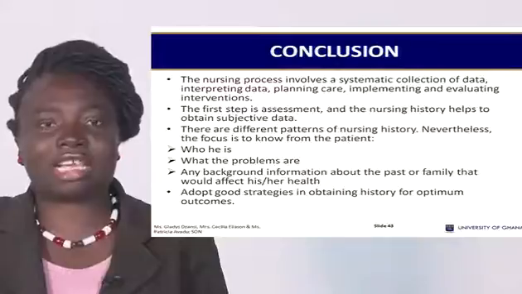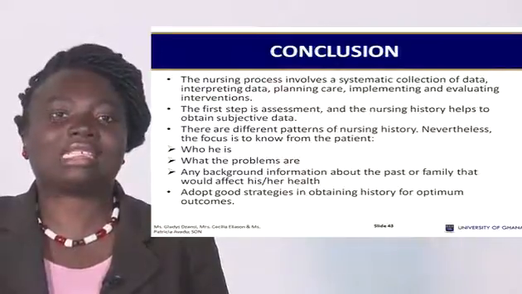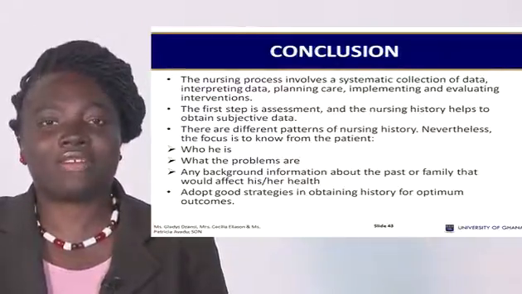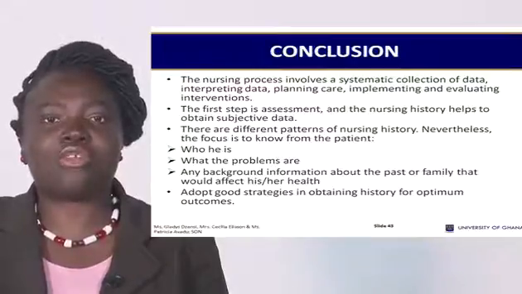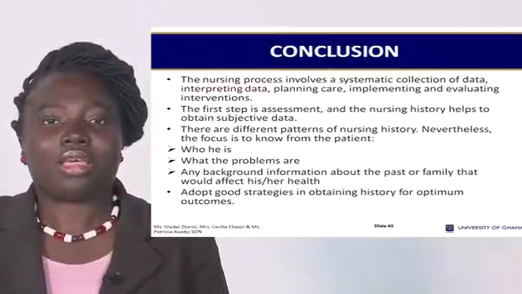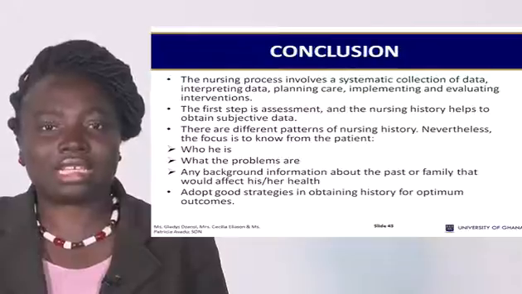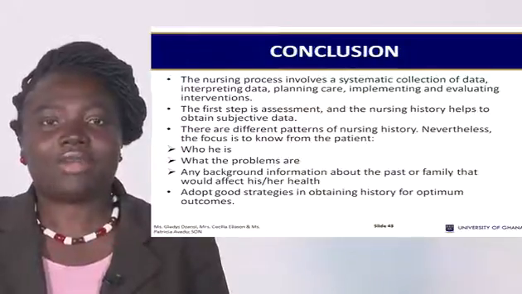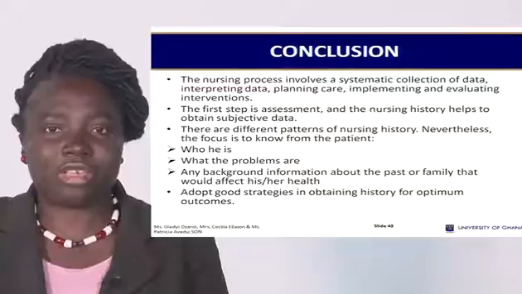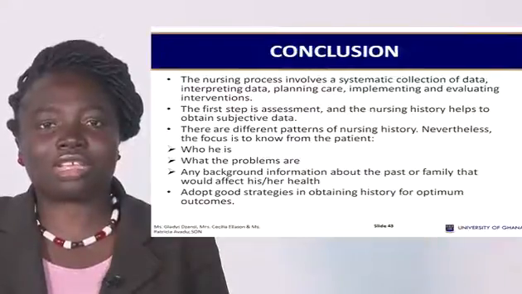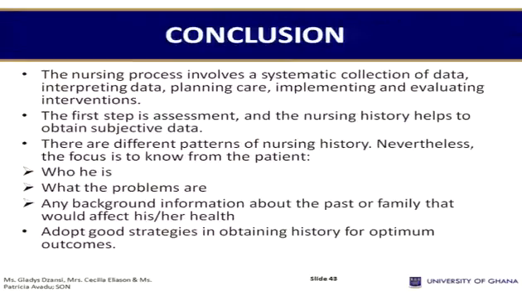An assessment is just the first step, and part of the assessment is to obtain the health history. And so we have looked at health history, what it is, and we have said that in obtaining health history, our interest and focus is to know who the patient is, what problem the patient is presenting with, and any background information that is relevant in helping us to make the right decisions about our patient's care.